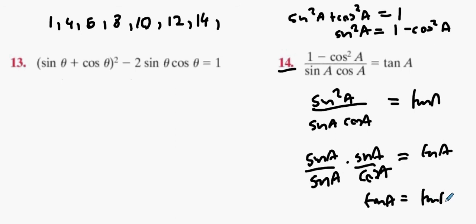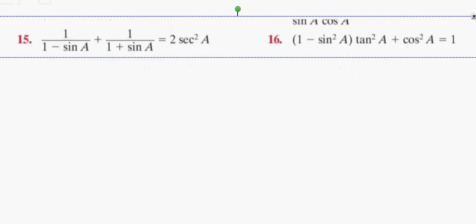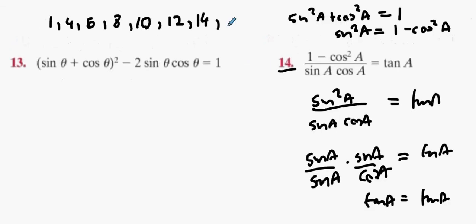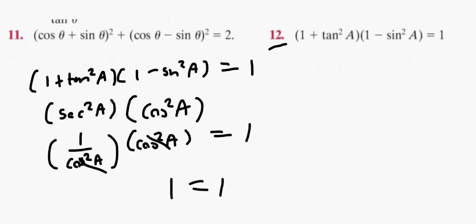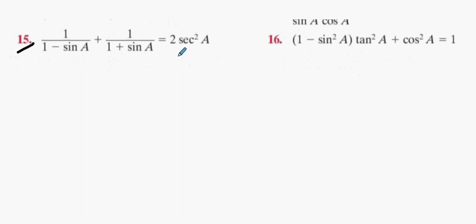So that's 14. Okay, next one we're going to do. Nobody likes fractions, so let's do 15 this time. Alright, that's about 23 minutes now, so that's a good long while to be doing this. So let's keep going. Now, I don't like fractions, and they don't like me. So I'm thinking the simpler side is this side here, and we're just going to leave that alone for a minute.